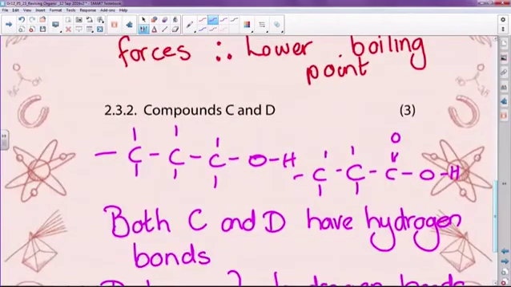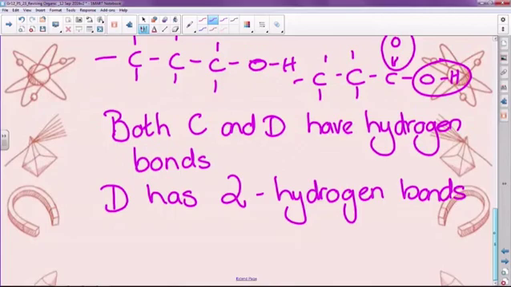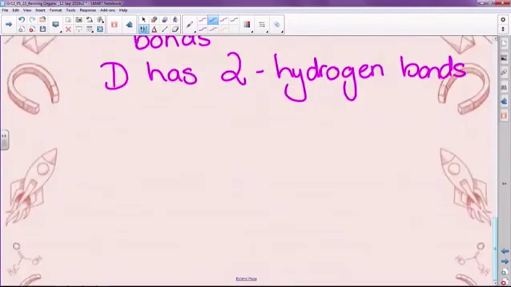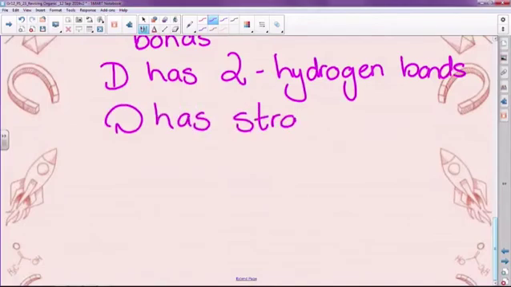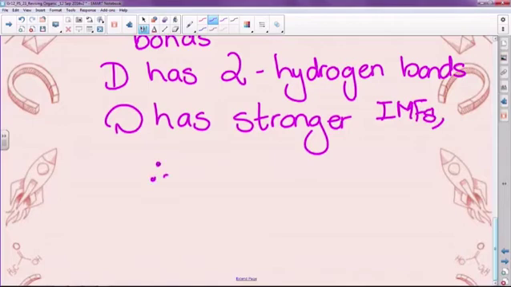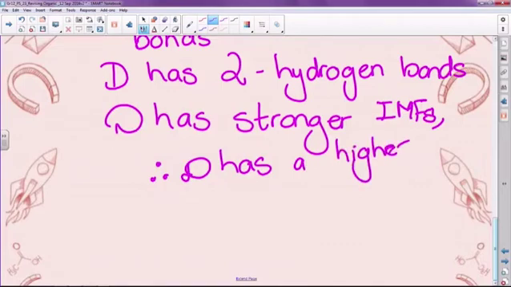Because of that and that. So because D has 2 hydrogen bonds, D has stronger intermolecular forces, I'm just going to call them IMFs. Therefore, D has a higher boiling point.